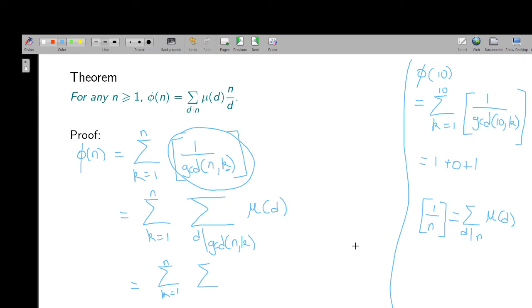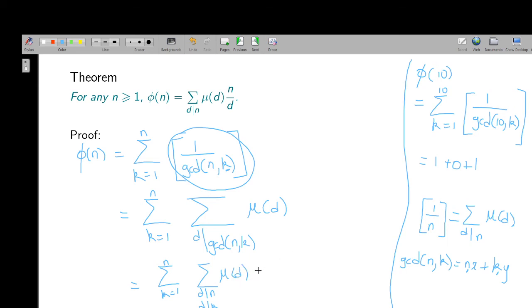Conversely, the GCD of n and k is a linear combination of n and k. So if d divides n and k, then d will divide the linear combination, which is the GCD. So d divides n, d divides k, mu of d. Okay, so this is what we have here.